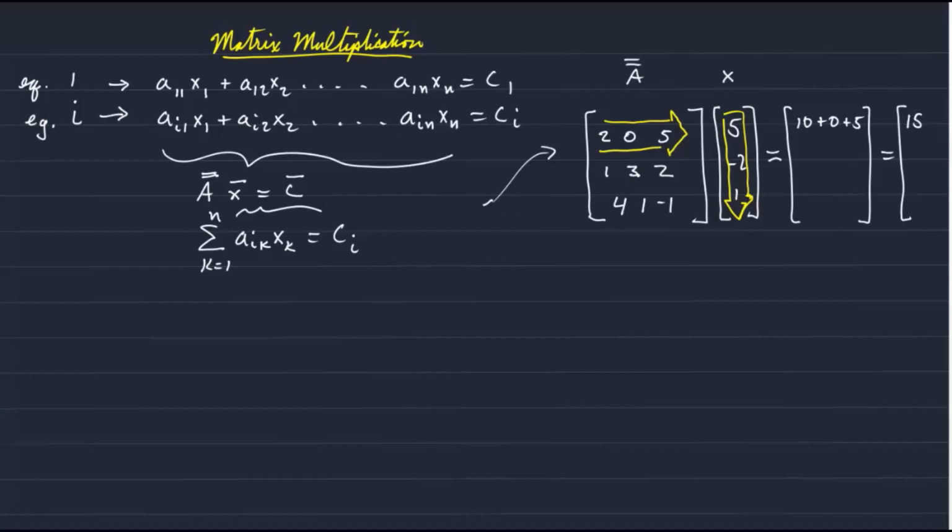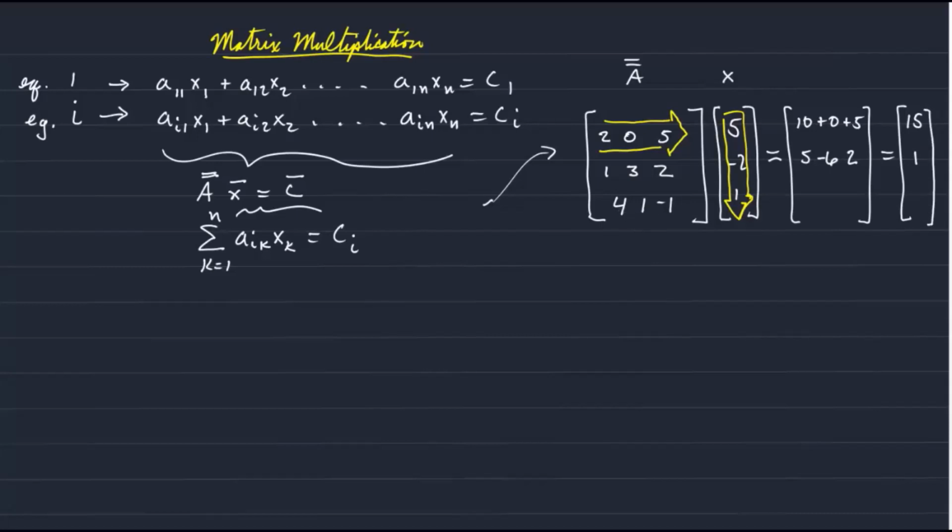To get the second element of C, we have to multiply the second row of our matrix times our vector. So we're going across and down again, and we have 5 minus 6 plus 2, and that's equal to 1.